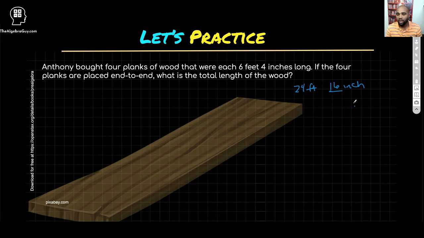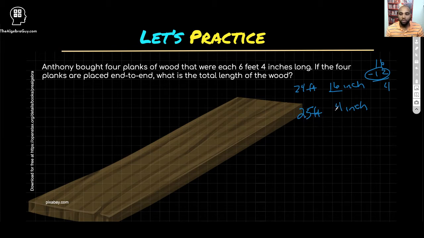So if I took out 12 inches, I know 12 inches every foot, now I'm going to take one of those and bring it over here to make it 25 feet. But I did 16 minus 12. So I took out one of these feet right here because 12 inches is a foot, and it left me with 4 inches. So we could say, what's the total length? 25 feet and 4 inches.